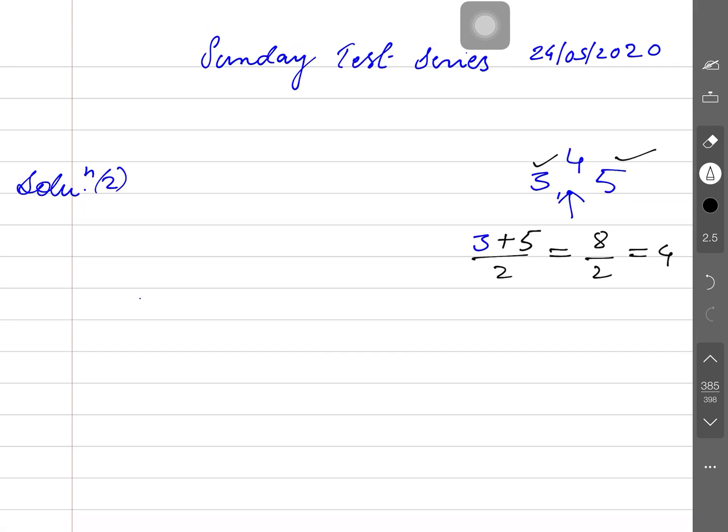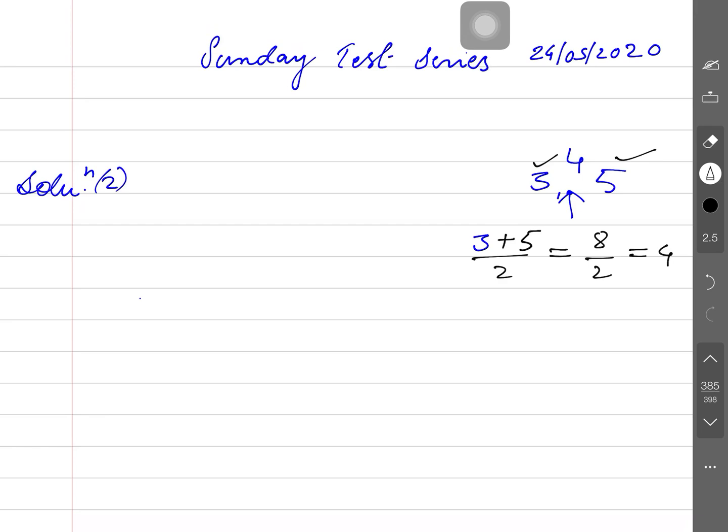The middle number 4 between 3 and 5 is related to 3 and 5 by the arithmetic mean. The meaning of arithmetic mean, or mean: when two numbers are added and divided by 2, their sum divided by 2 is called the mean. The specialization of arithmetic mean will be discussed in later classes.